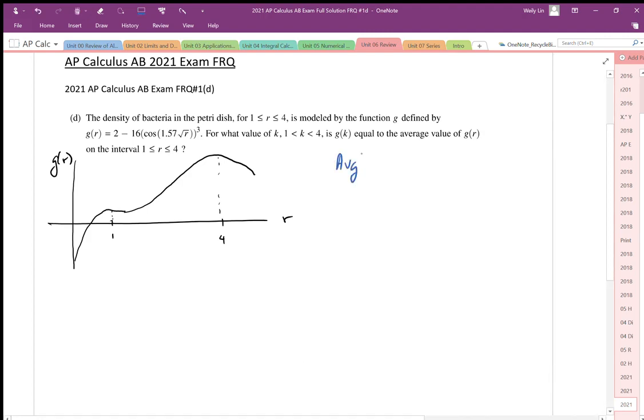So average value is equal to 1 over the interval width times the area under that interval. And this is going to give me the average value of f of x. I've drawn the graph of g, and in this case we're going to do the average value of g.